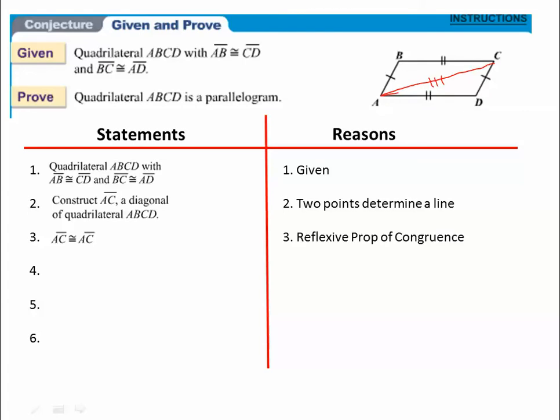You should be familiar with this one by now because we use it a lot, the reflexive property of congruence. And now that I've proven that, you can look at the picture and you can say, hey, I can prove those two triangles are congruent by side, side, side. Alright, so now we have congruent triangles. What are we going to have to prove next?